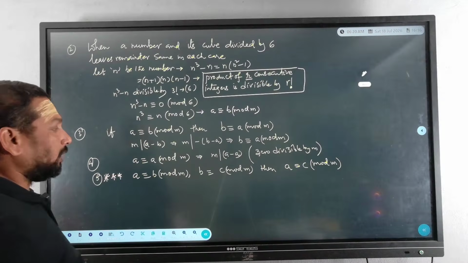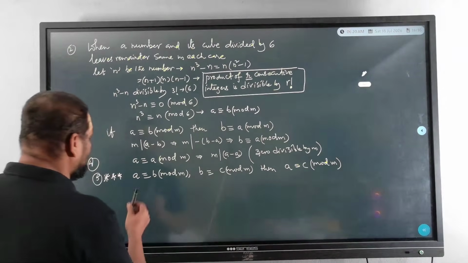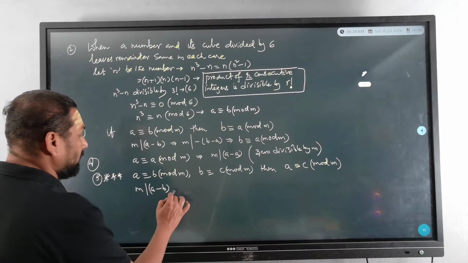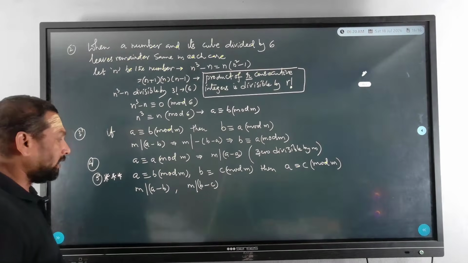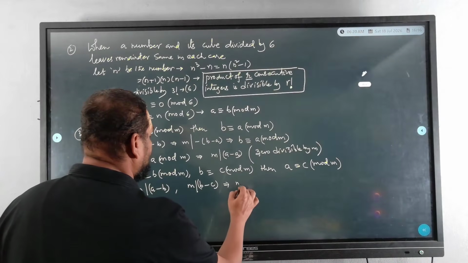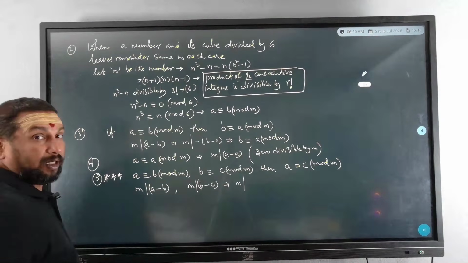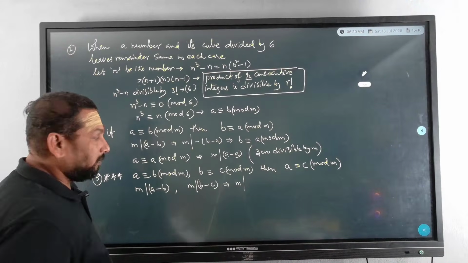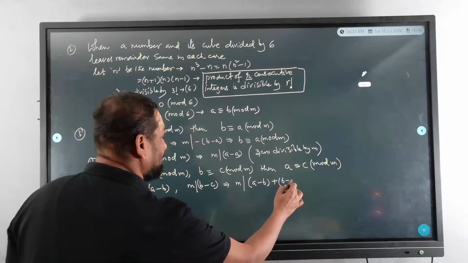Here, m divides a minus b, and m divides b minus c. So a minus b is a multiple of m, and b minus c is a multiple of m. So m divides a minus b plus b minus c.